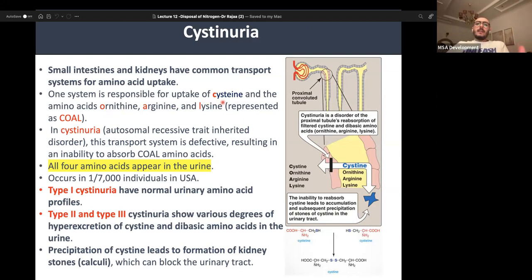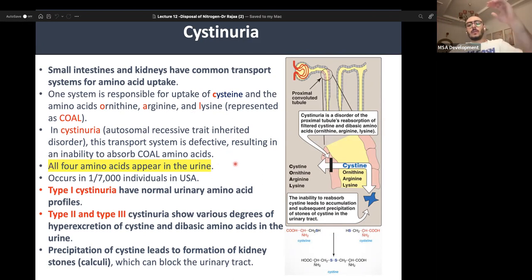And just think with me, if I say your body cannot absorb a certain amount of amino acids, or your body cannot absorb X amino acid, then by common sense, this amino acid will appear in urine or in the stool, mainly in urine. As in the case of cystinuria, COL amino acids will appear in urine, as I highlighted it here, because it's very important.